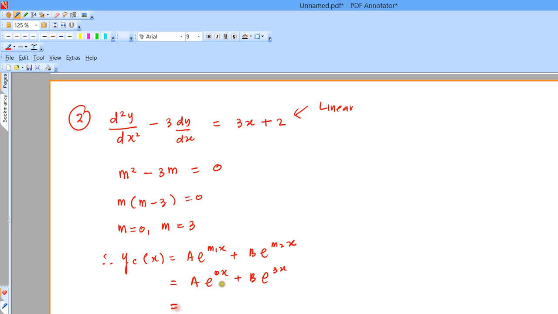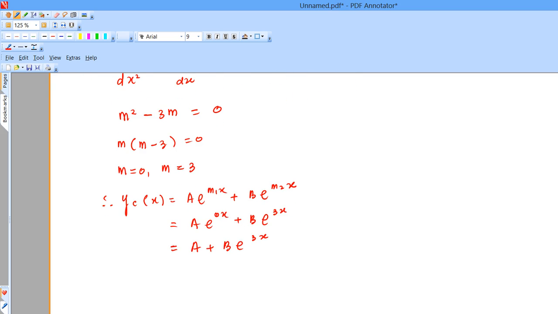For the first term, 0 times x equal to 0, e power of 0 equal to 1. So we get A plus B e power of 3x. So yc here refers to the general solution for the homogeneous differential equation.